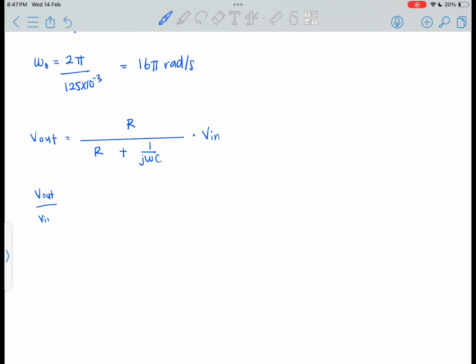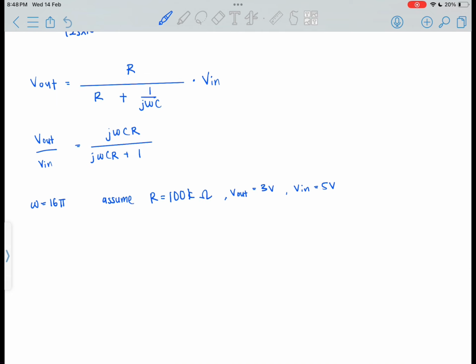For the V output over V in is equal to j omega CR over j omega CR plus 1. And then omega is 16 pi. We should assume that the R is equal to 100 kilo ohm. And then the V output is already given, 3 volts, and the V input is also given, which is 5 volts.